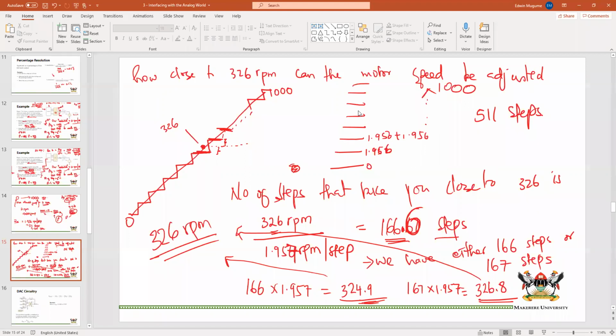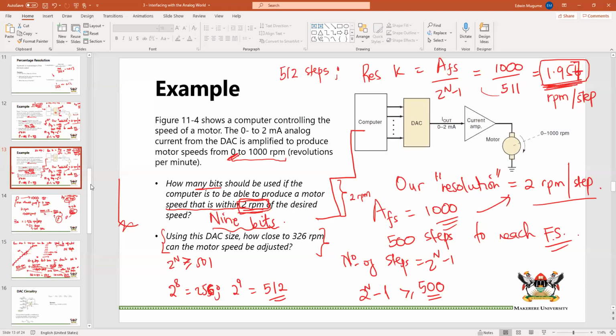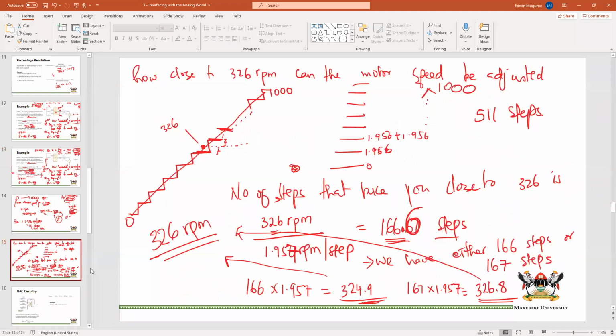But without doing both, you could already tell that since 166.6 is closer to 167 than 166, the step 167 is the one that brings you closest to the value that I've talked about. So I think the question was how close to 326 can the motor speed be adjusted, and how close is within 0.8 revolutions per minute, and the step is 167 step.